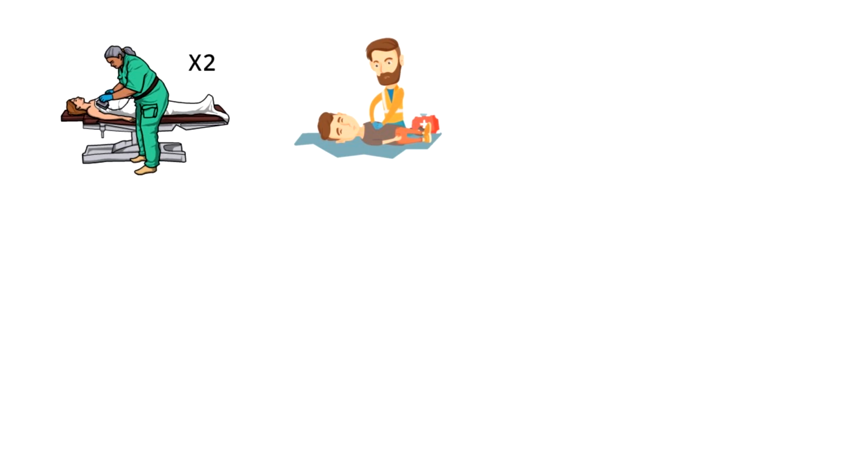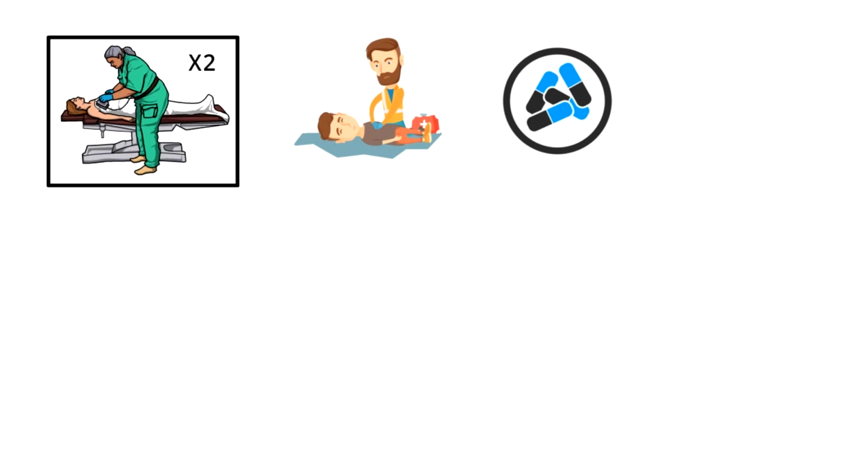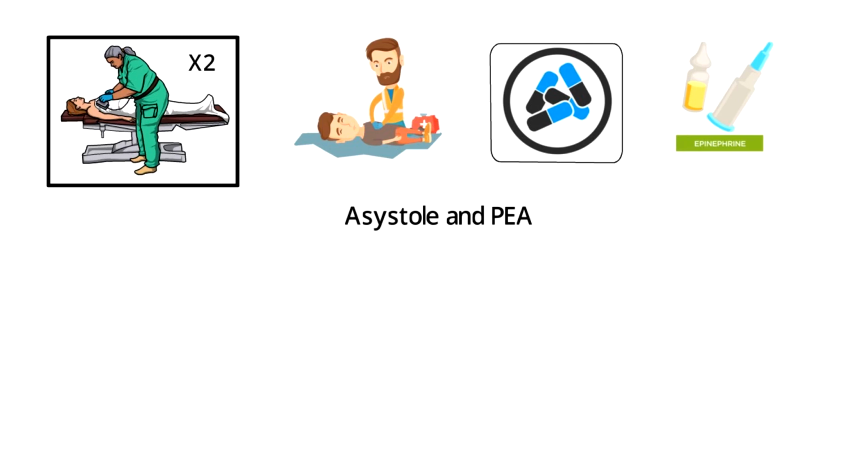We're going to start thinking about drugs now. So with our shockable rhythms, we're going to always shock twice before we even think about drugs. Whereas with asystole and PEA, we kind of immediately start giving drugs after that first round of CPR, of 2 minutes of CPR. So what is our first drug that we're going to consider? Always epinephrine, okay?